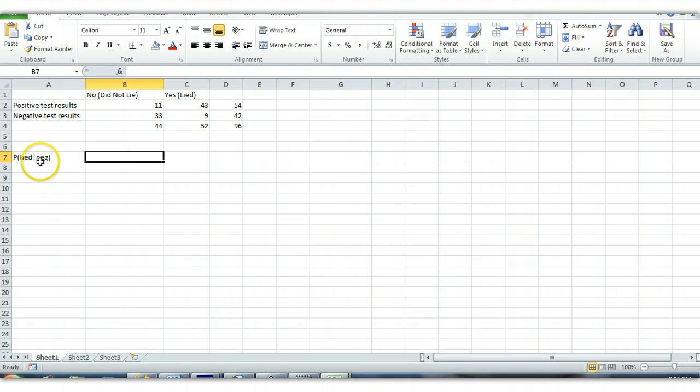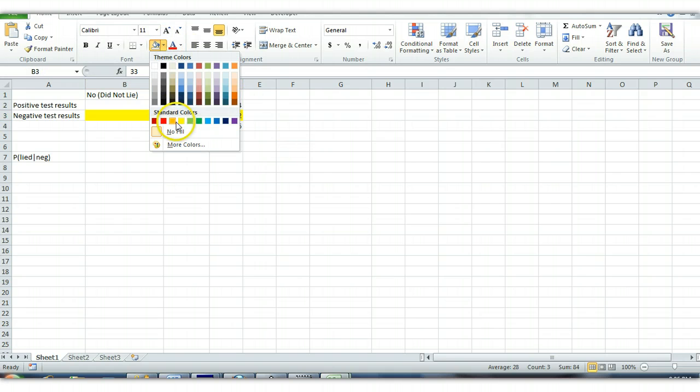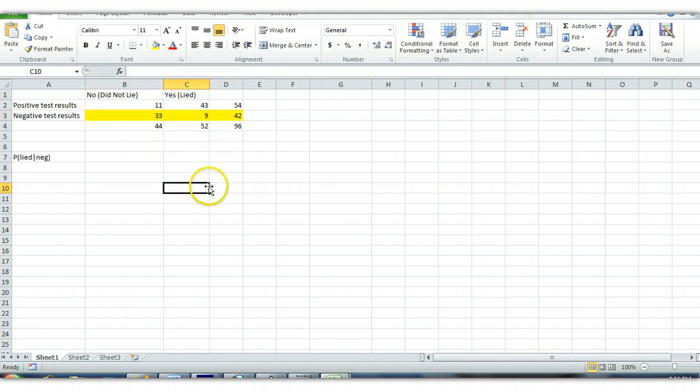Alright, now this is the given condition. Negative is given to us, so we need to understand that we are working with these 42 people. That's the cell that we're working with. Alright, now given this condition, this negative test result, these 42 people, how many of those 42 actually lied? 9. So 9 is our numerator, 42 is our denominator.